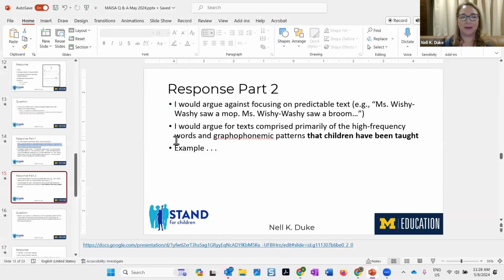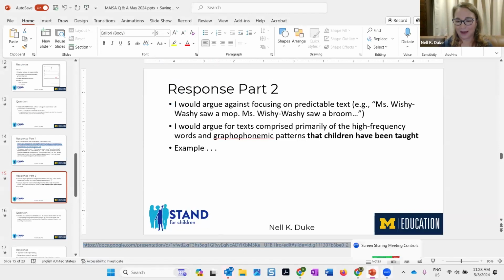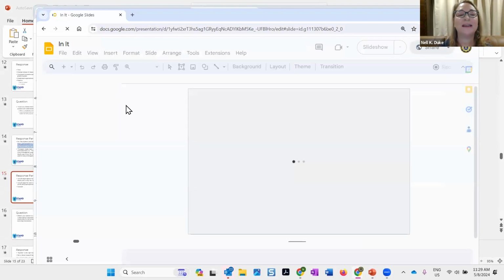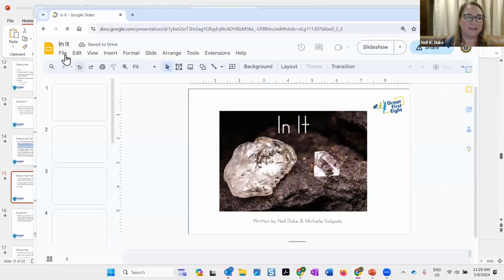So quickly, I'm going to show you an example. I'm showing you an example from a curriculum that I'm involved in developing because that way I have the rights to share it. But this isn't the be all and end all.